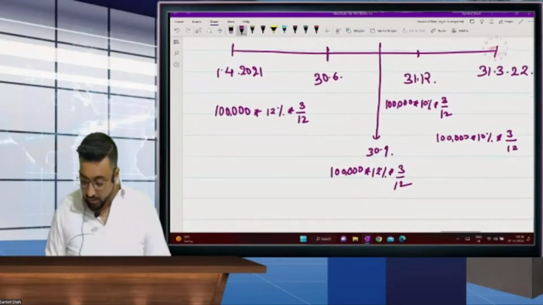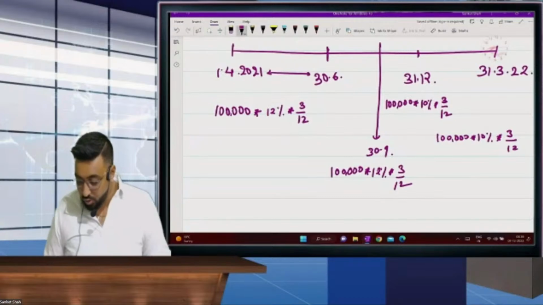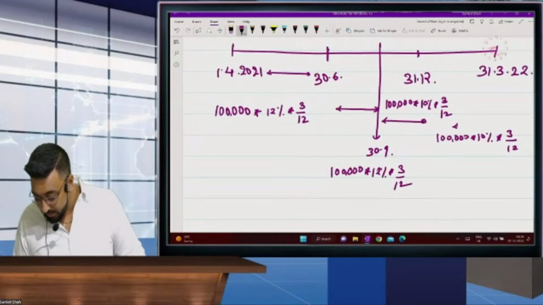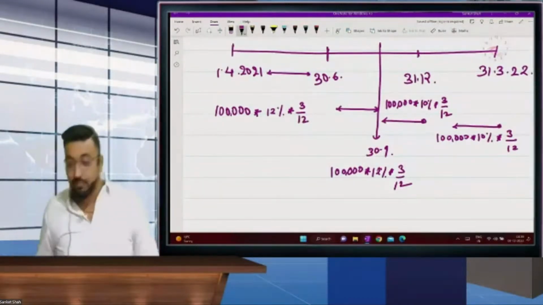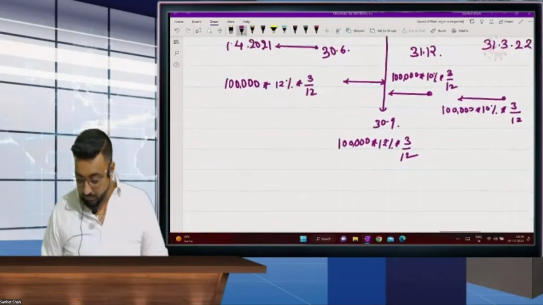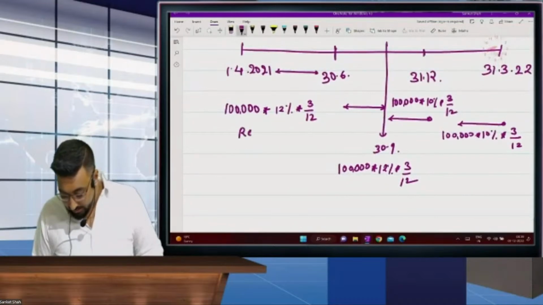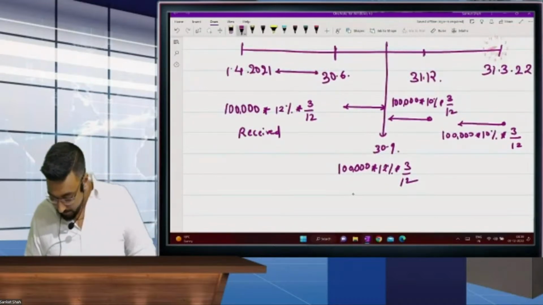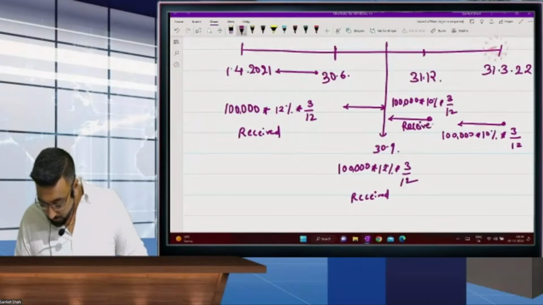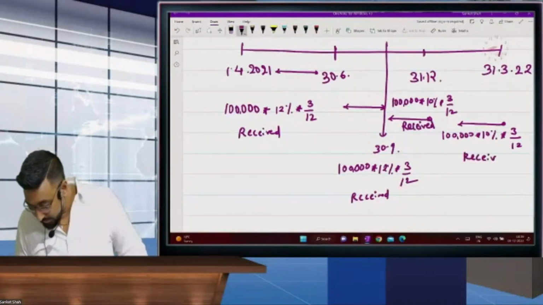So I'm calculating from 1st April to 30th June, from 30th June to 30th September, from 30th September to 31st December, and from 31st December to 31st March. I received this amount also. Sorry, this is also received. And last one is receivable.